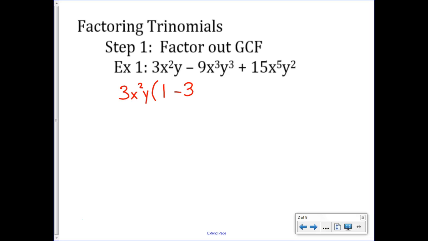X cubed divided by x squared: remember that when you're dividing with exponents, you subtract. We have 1x left. Y cubed divided by y is y squared. And then 15 divided by 3 is 5. X to the 5th divided by x squared is x to the 3rd. And y squared divided by y to the first is just y.